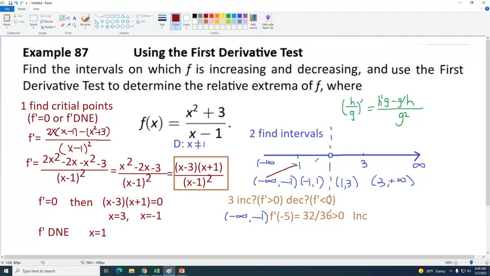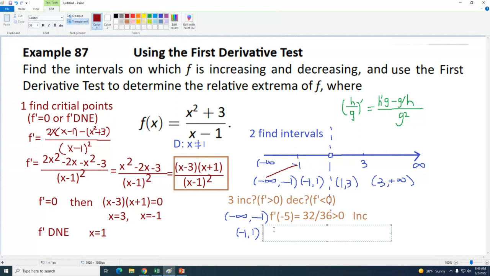All right, so we do the same for every interval. For example, the second interval is from -1 to +1. We want to find out if it's increasing or decreasing. The way we find it out is to calculate the derivative. Between -1 and +1, one of the numbers in the middle is 0, so we pick 0.